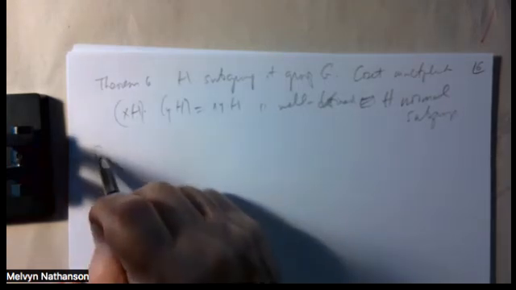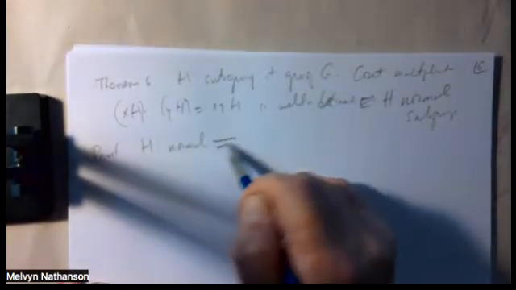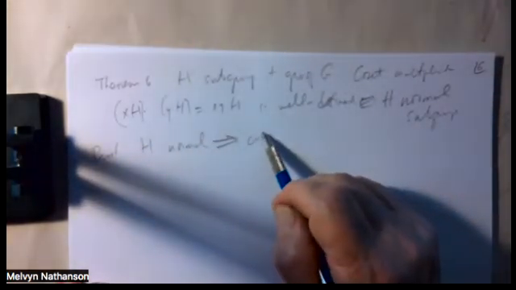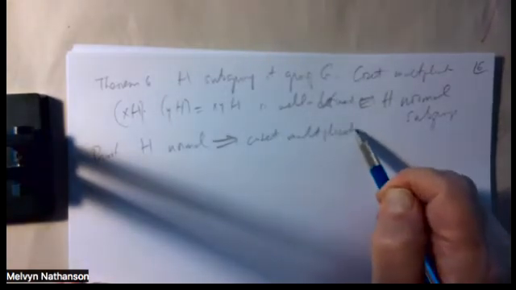The proof in one direction I just did. H normal implies coset multiplication is well defined.